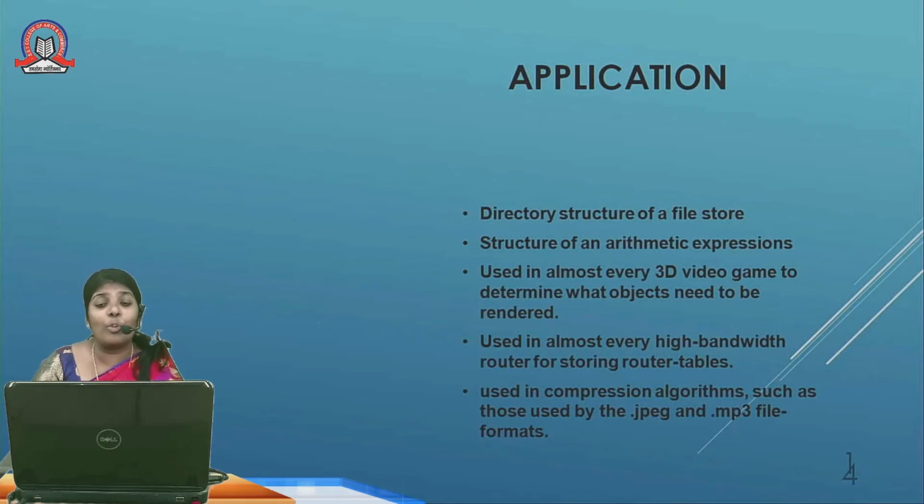Then you can use it for the structure of an arithmetic expression. Then you can use this for a 3D video game, for a router table, and for compression algorithms such as .jpg files and .mp3 file formats.